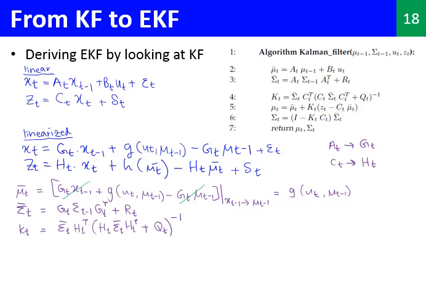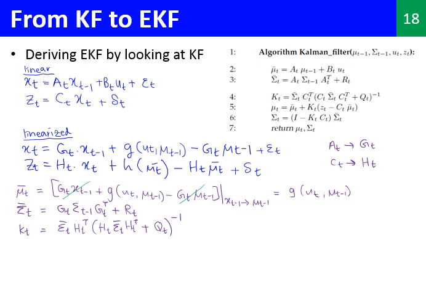Similarly, we can do the same thing for the measurement equation of the linearized version. So we take this expression and replace x t with mu t bar. Shall we write it now?